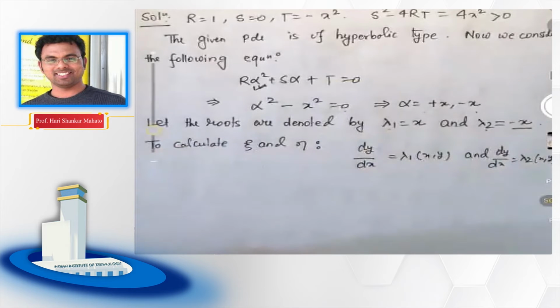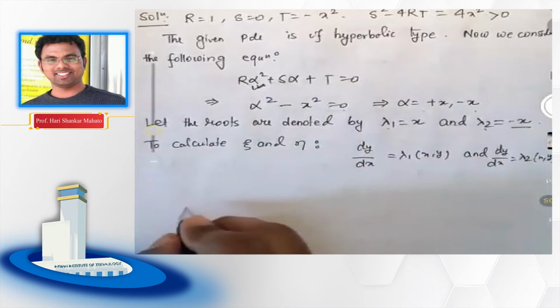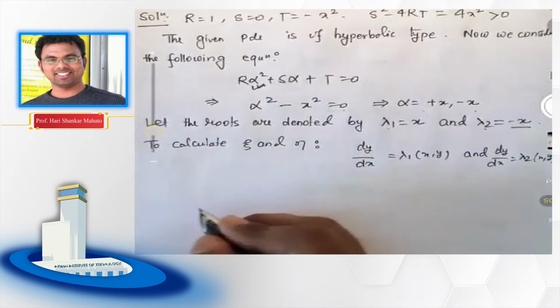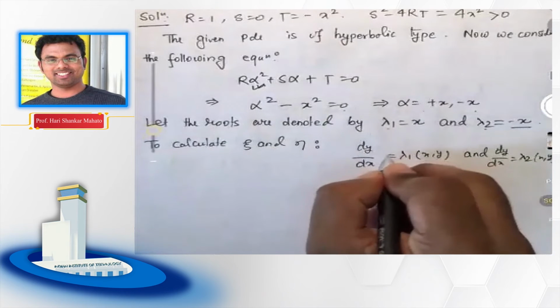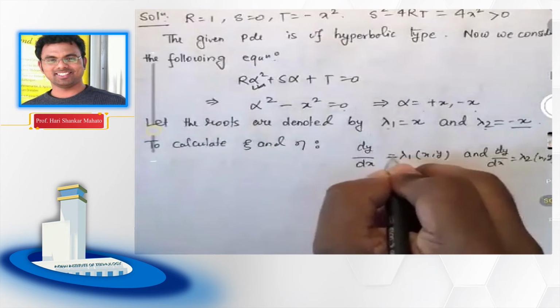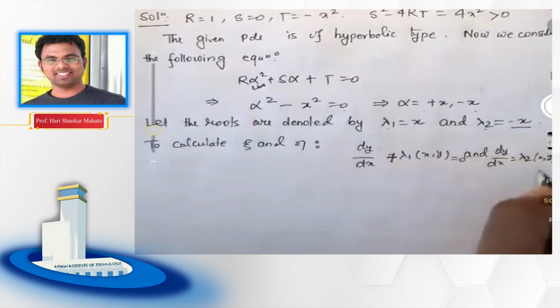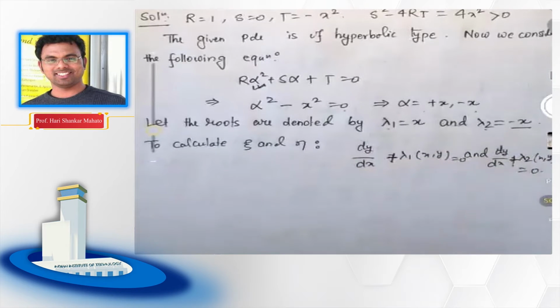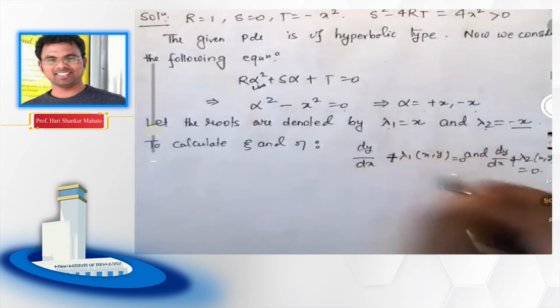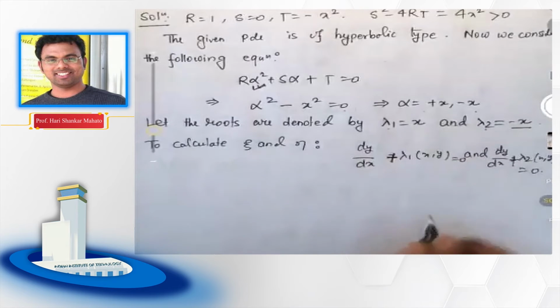Okay, so this can be written as dy/dx plus lambda 1 equals to 0, and dy/dx plus lambda 2 equals to 0. Or you can take minus, that's not a problem.